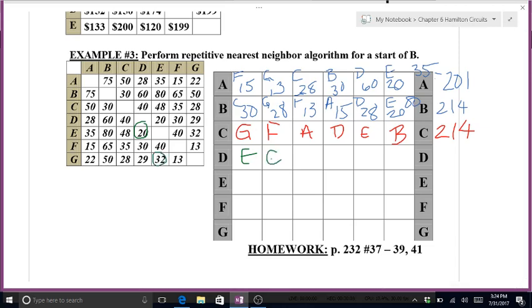So G. So D, E, G. Okay, from G, my smallest one would be F. From F, can't go to G, but we can go on to A. From A, can't do F, can't do G. We can do D. No, we can't do D. That's our starting point.